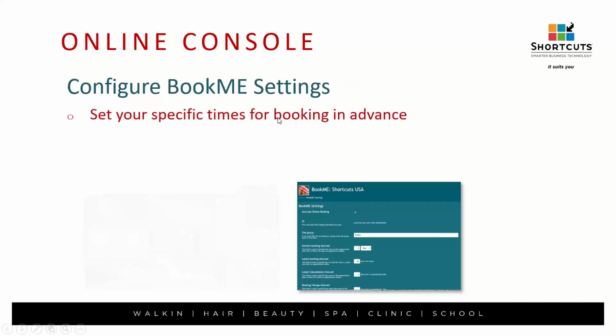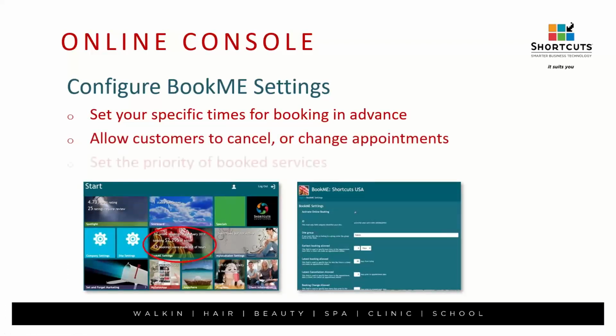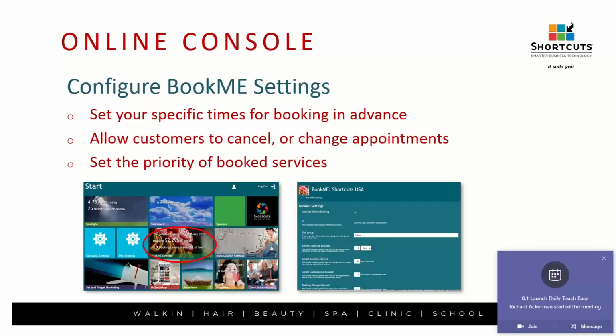The third thing you're going to configure in the console are your actual BookMe settings. And in the BookMe settings, this is where you tell Shortcuts what are the specific times that customers can book in advance. So should customers be able to book a same-day appointment, or is the minimum 1 day in advance or 2 days in advance?